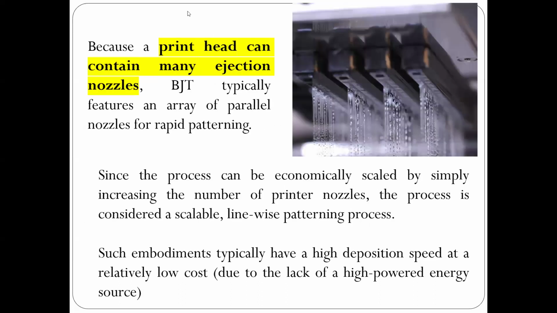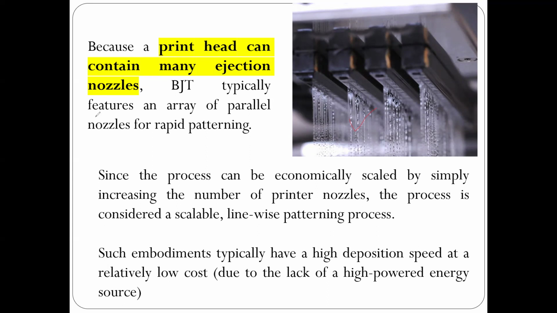Then if I show you, this is an image of these small orifices from which the binder is being dropped or sprayed, you can say, or this is the picture illustration.